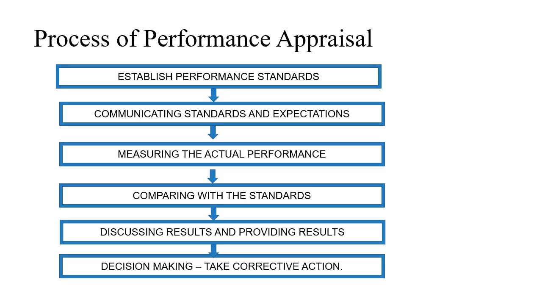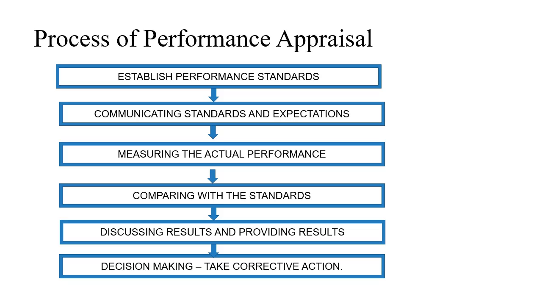Then you have communicating standards and expectations. So here, once you have identified the standards, you are supposed to communicate the standards to both appraiser and appraisee, and acceptance for the same should be taken in writing.